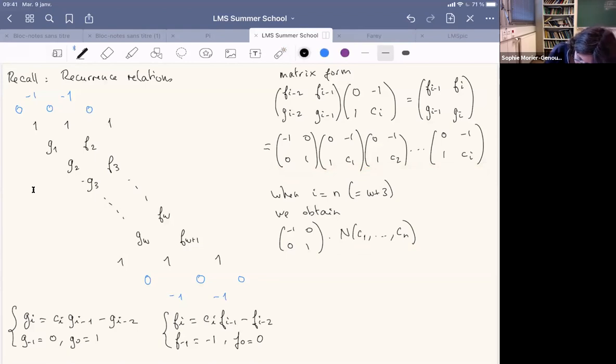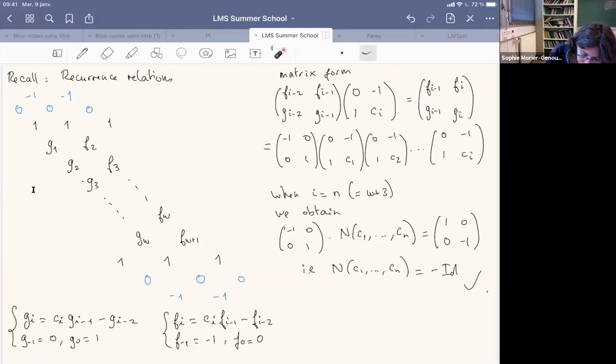Then you obtain the matrix 1, 0, 0, minus 1. So we obtain the condition that we wanted, that this matrix N is minus identity.